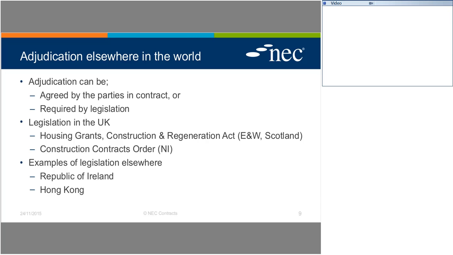There are some minor detailed differences in the way it is implemented in all three countries, and in Northern Ireland it's by virtue of the Construction Contracts Order. We don't have the time today to go into detail about the provisions of the Act and the Order, but they lay down minimum requirements for parties to construction contracts in respect of payment provisions and in terms of dispute resolution, which is primarily to do with adjudication.